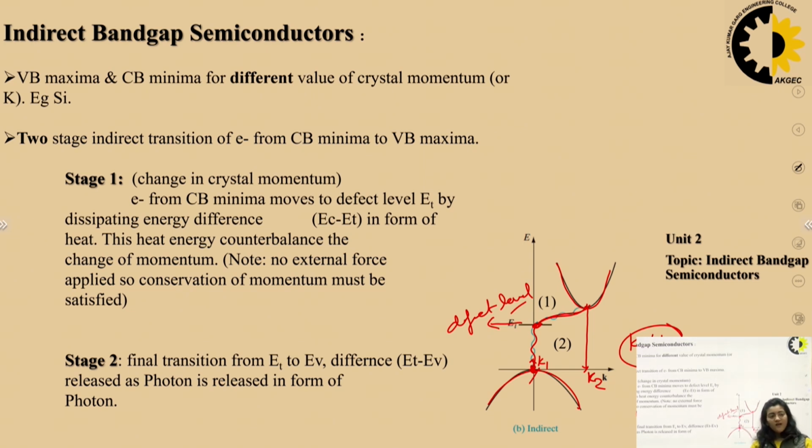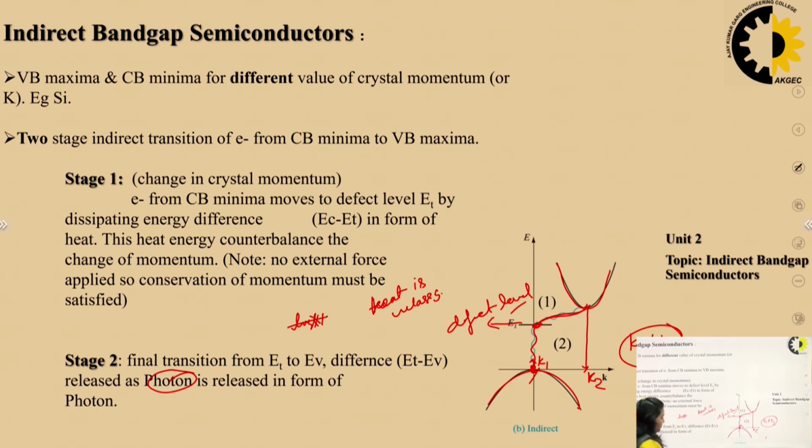In the final transition from the defect level to the valence band, there is a difference, ET minus EV, and the electron releases it. But during this state the photon is released not in the form of light. The heat is released.